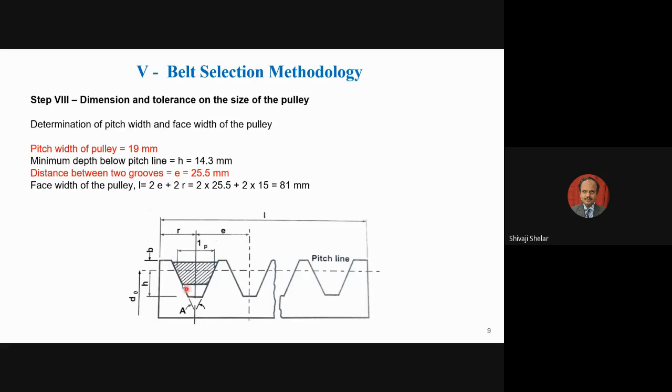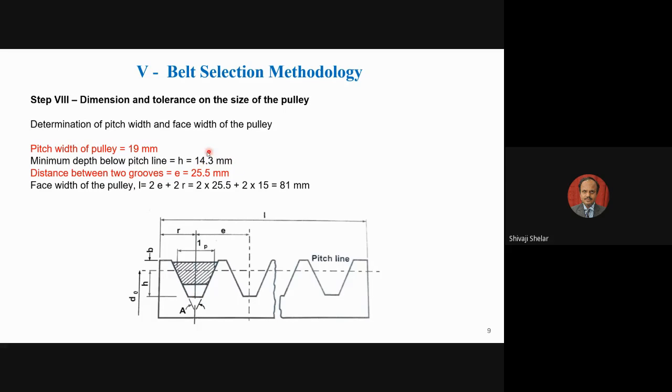We require certain dimensions here. The pitch width of the pulley is available from the table. This point to this point distance is called pitch width, and that is equal to 19 mm. Then the minimum depth below the pitch line, this distance H, tells how much V groove depth should be there.